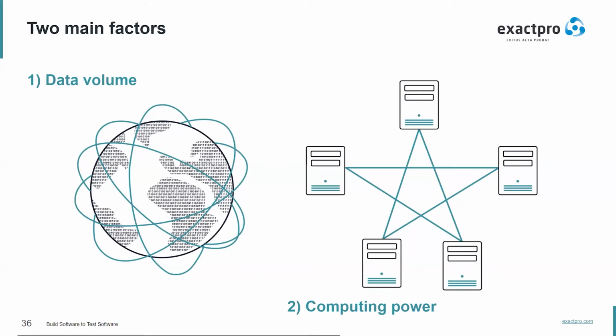But the reason why machine learning techniques and approaches are now so efficient is that something changed over the years. On this slide, we can see two main factors which contributed to that. What actually changed is the ability to use for artificial intelligence really big data volumes and really significant computing power.